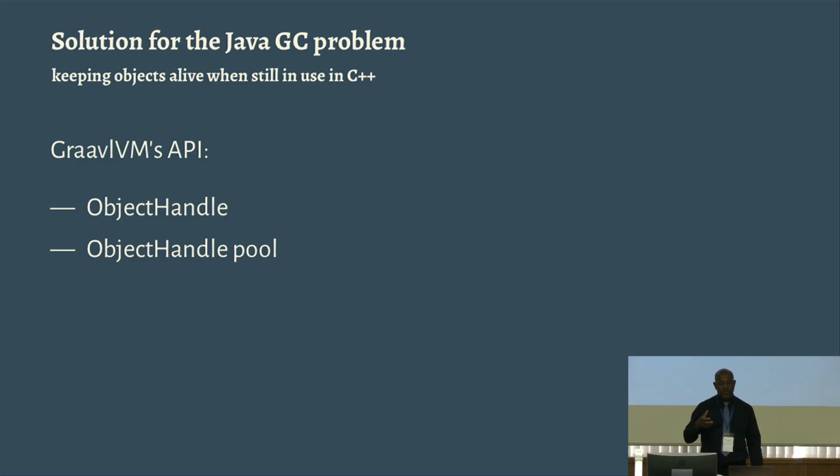It also provides us with an object handlers pool, which is just a set. So within the Java world, any object that we put into this pool, it stops it from being garbage collected. But as implementers, it's our responsibility to remove it from the pool so that if we're no longer using that object, it can be garbage collected as necessary.